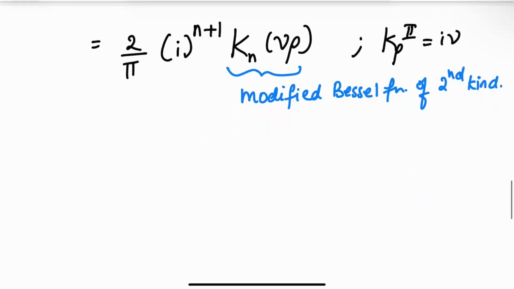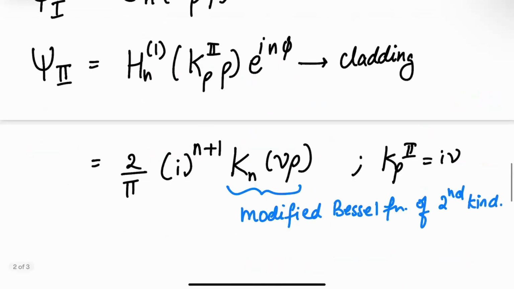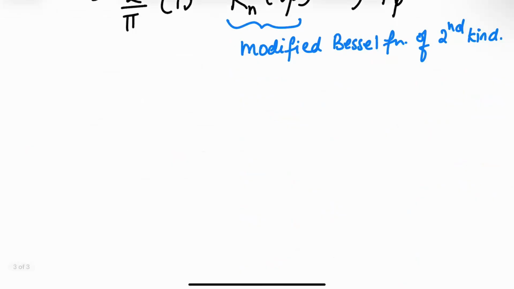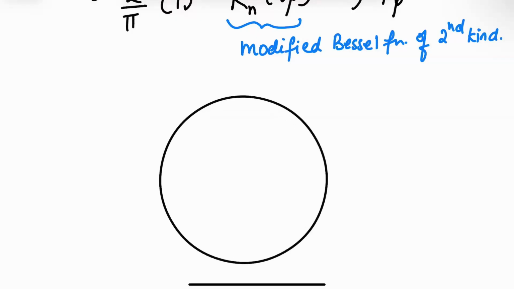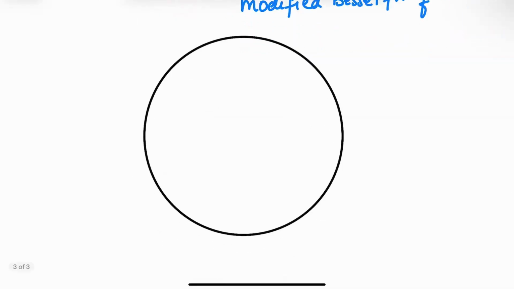Okay, so these are essentially the kind of psi that we're looking for. We're looking for solutions of this kind. So what does this actually look like? If you draw it out, say that's my cladding, and I have my core here, then these functions look like this.